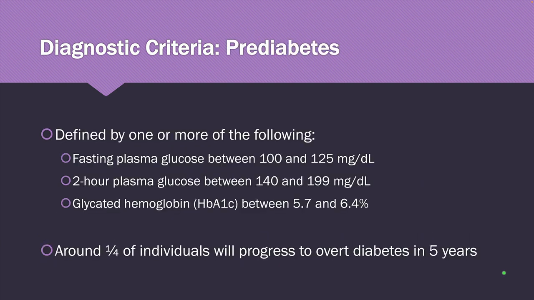Now, what about prediabetes? Prediabetes is the state where, if your patients fall in here, you can still do lifestyle modification to treat it so it does not progress into diabetes.